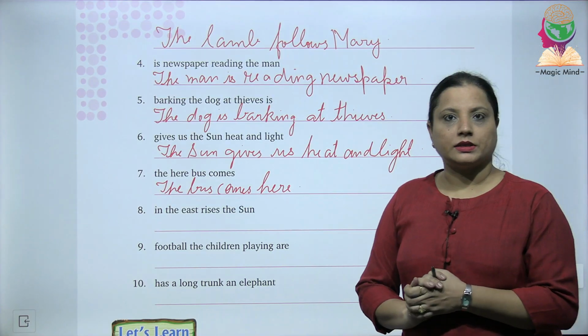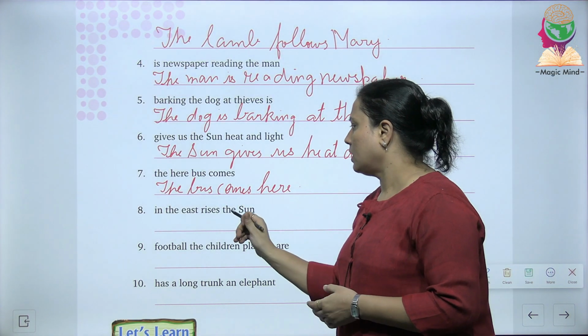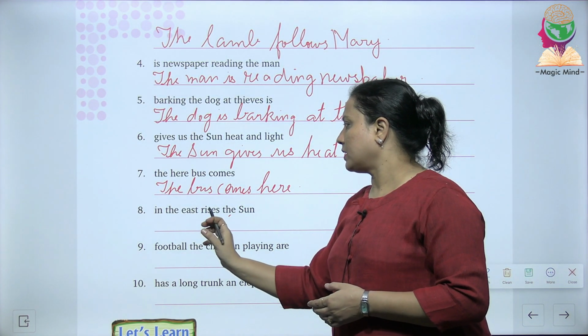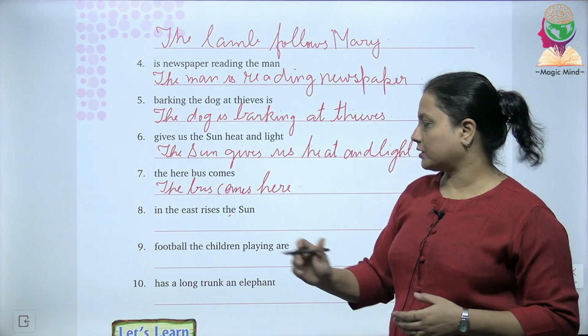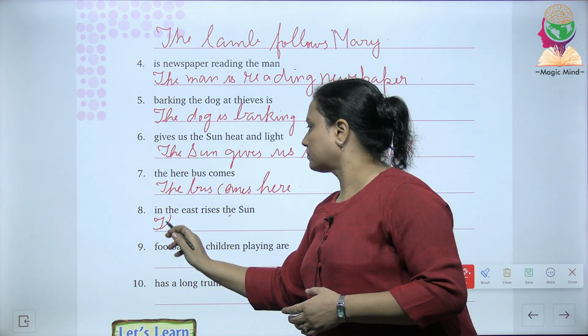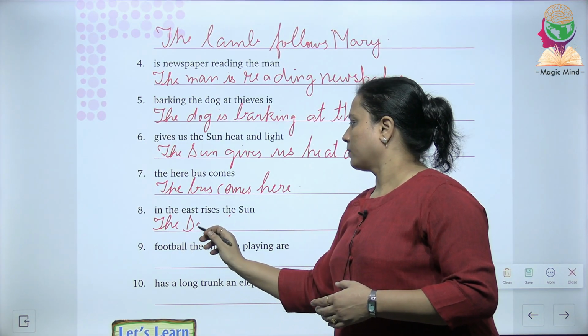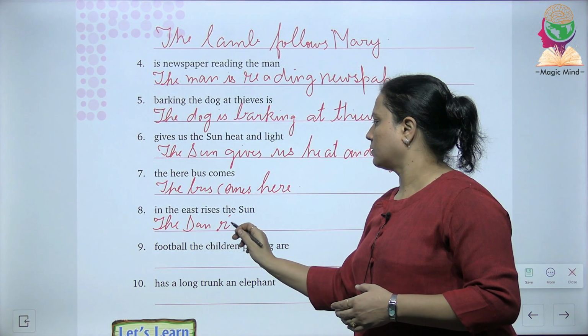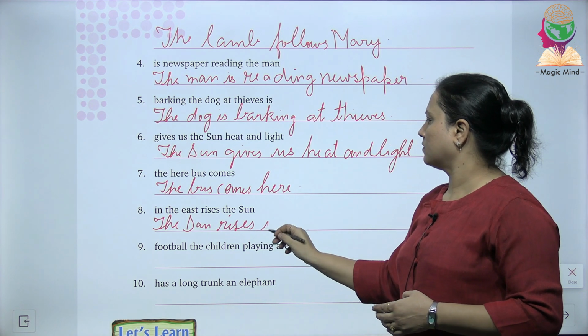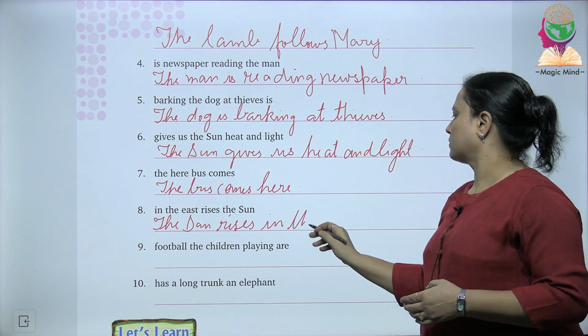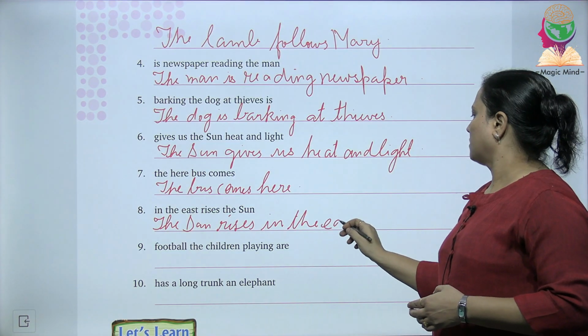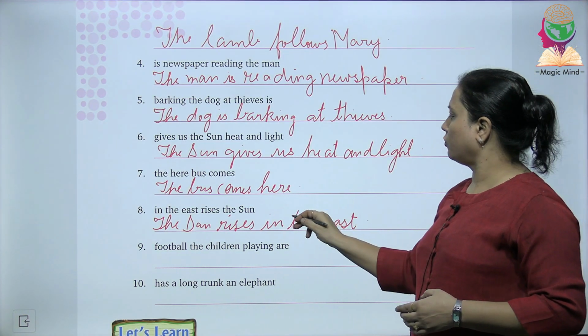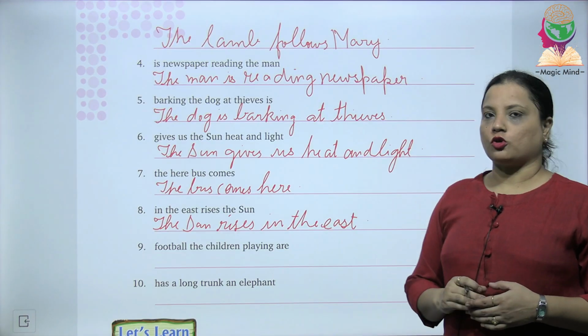What will be the correct sentence? The correct sentence will be, the sun rises in the east. Don't forget to put a full stop.